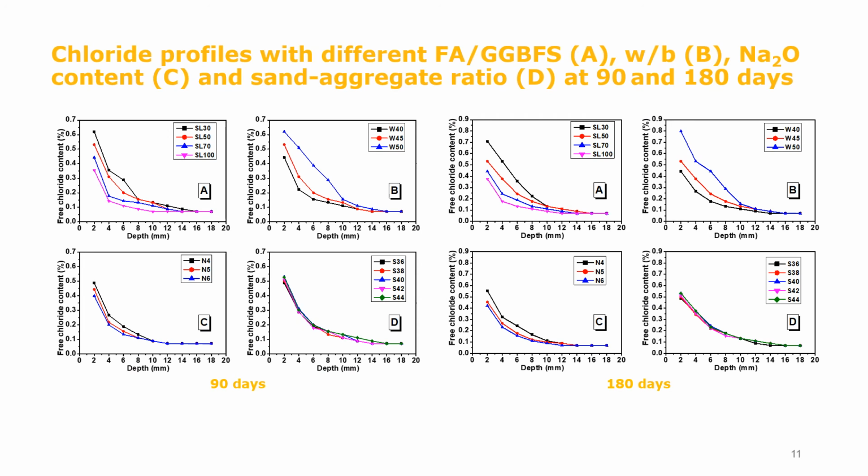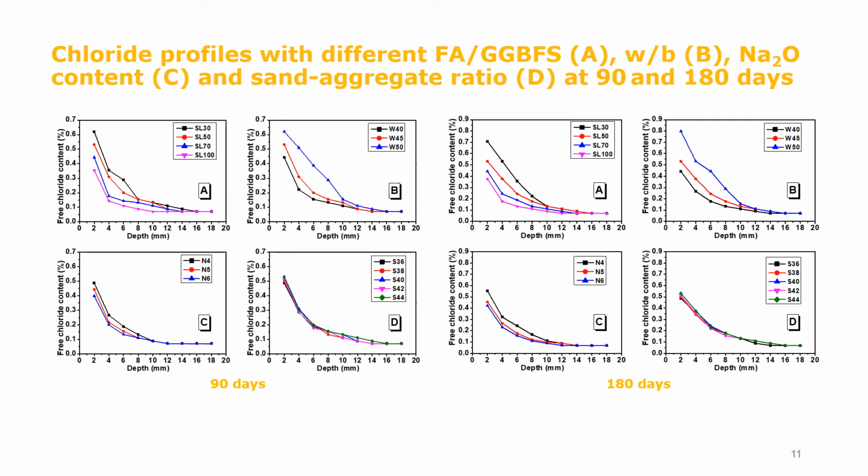Those figures show the chloride penetration of concrete as a function of distance to the exposure surface after 90 and 180 days. It can be seen that chloride content sharply decreased along the depth from the exposure surface. With the increasing depth, the downward trend slowed down until it reached a stable value at around 12 millimeters.